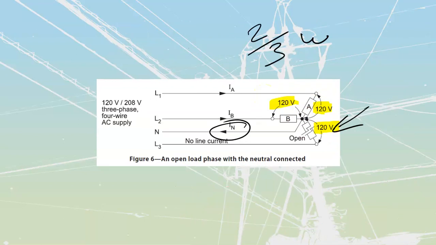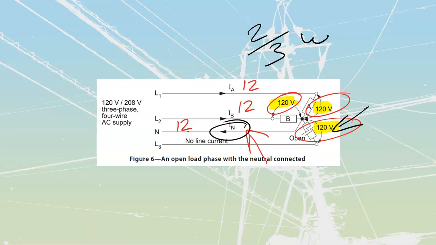As soon as I have a load open, I'm going to have proper 120 volts across the operational ones, a full 120 volts across the open one, but now I'm also going to have that common current that's going to be coming back along my neutral. In this case, if these were each 10 ohm resistors, we would have 12 amps coming into each of my lines, 12, and I would have a common current of 12 amps coming back out as well.